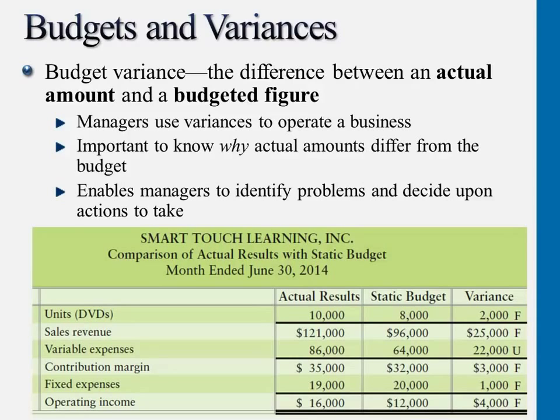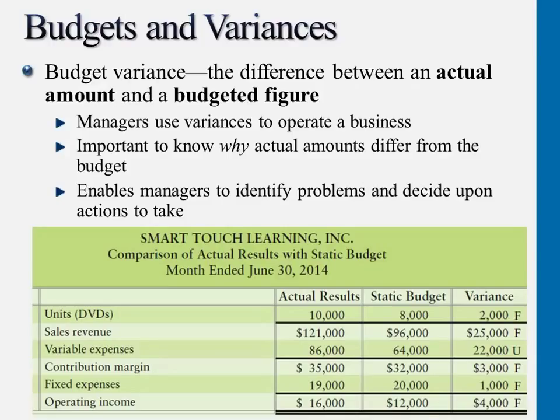So contribution margin, remember, is the difference between sales and variable expense. We have additional contribution margin, $3,000, based on increased sales, so it's also favorable. What about fixed cost? It's actually also favorable because we budgeted $20,000 and the actual output was $19,000.